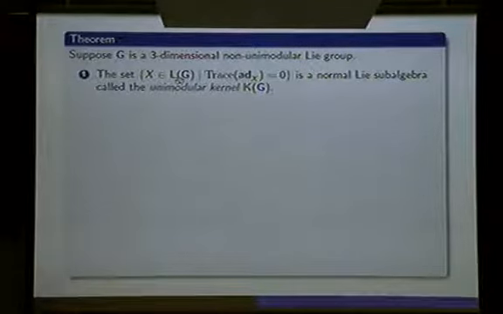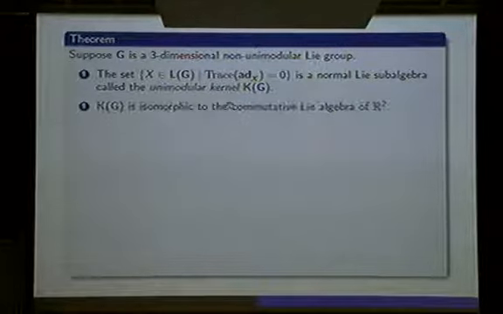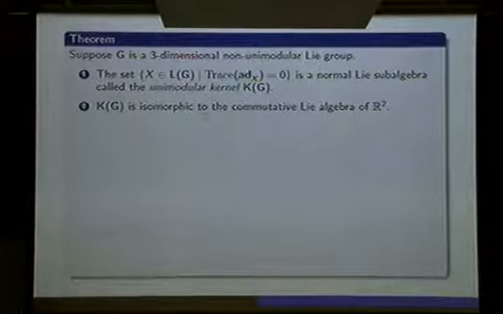If you're unimodular, it's the whole space, but if you're non-unimodular, it's the subspace, and it's called the unimodular kernel. It's the kernel of some other map. So x goes into certain automorphisms of x. So we have the unimodular kernel.